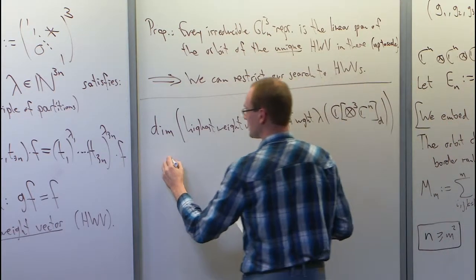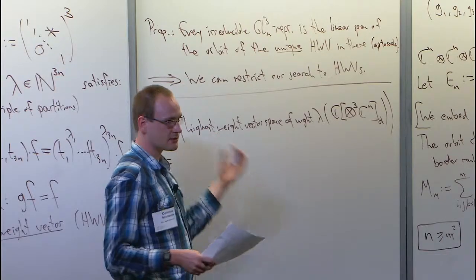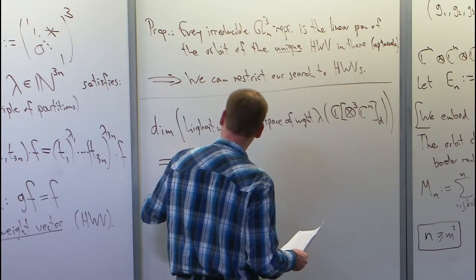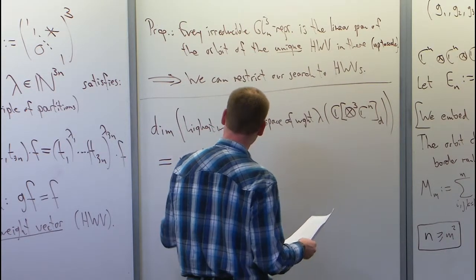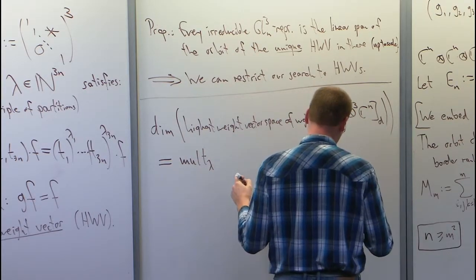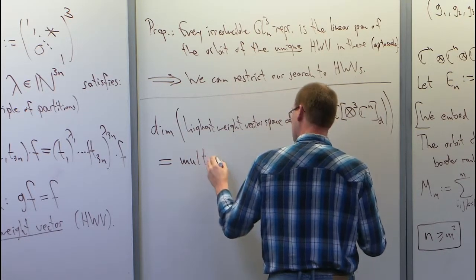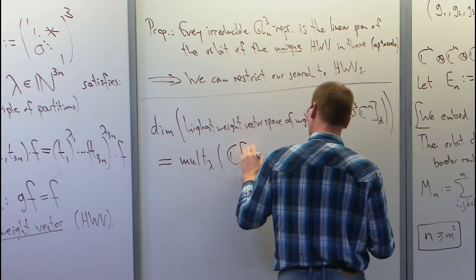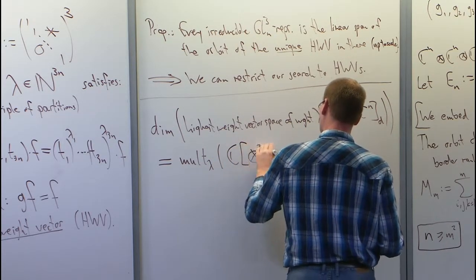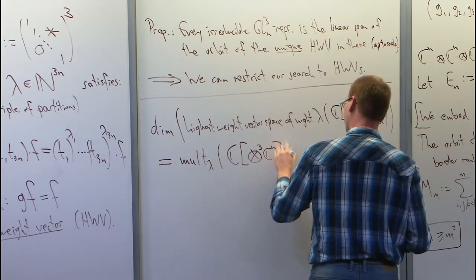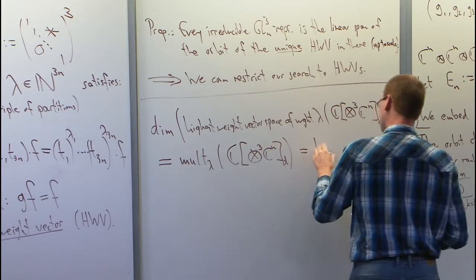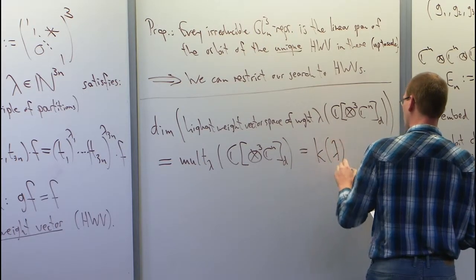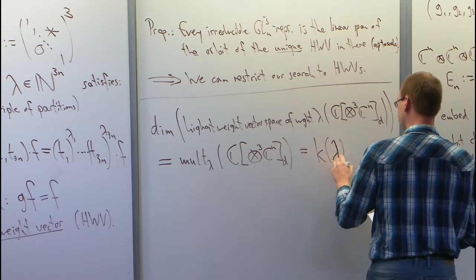The dimension of this highest weight vector space is the multiplicity of this irreducible. You can also define multiplicity like this: it's the multiplicity of lambda occurring. How often does this irreducible occur? I call it k lambda, and this is the Kronecker coefficient.